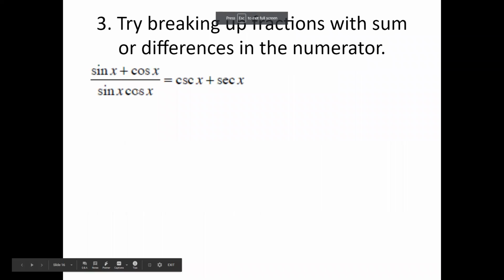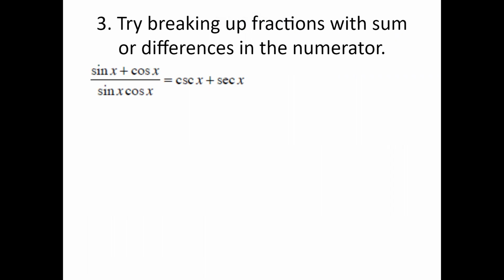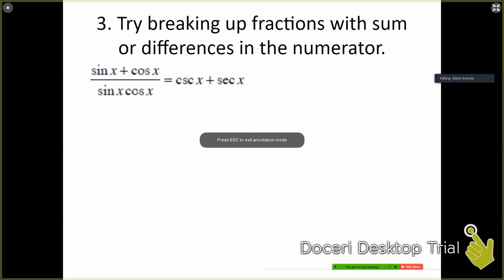The next rule of proving identities is if you have a fraction, try to break it up into 2 smaller fractions. Another guideline is always start on the more complicated side, because it's easier to take something that's really complicated and simplify it down than to take something simpler, like the right side of this identity, and make it more complicated like the left side.